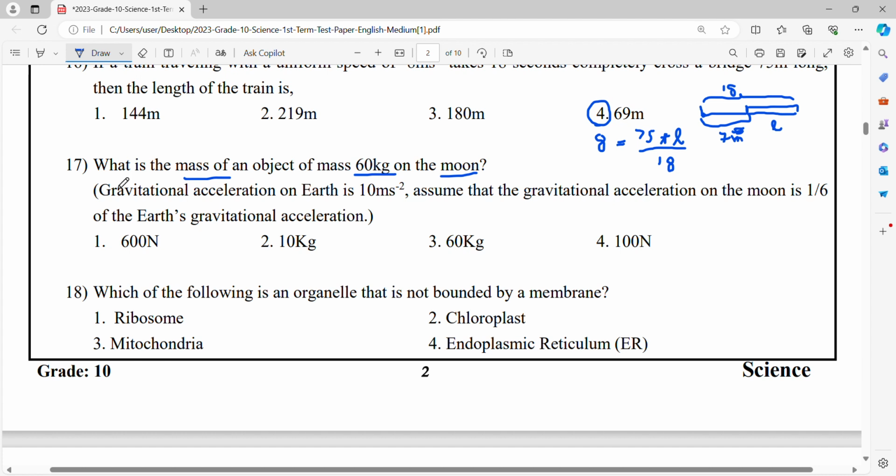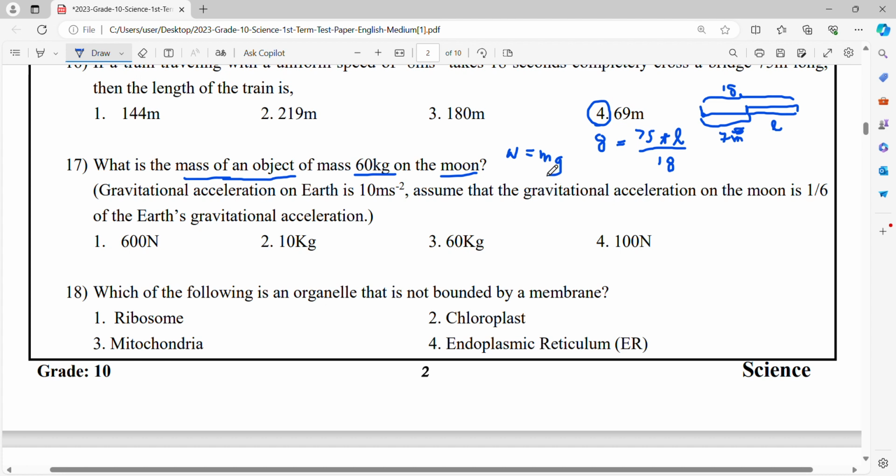Actually we know that mass will not change. Only weight will change, according to gravitational acceleration.